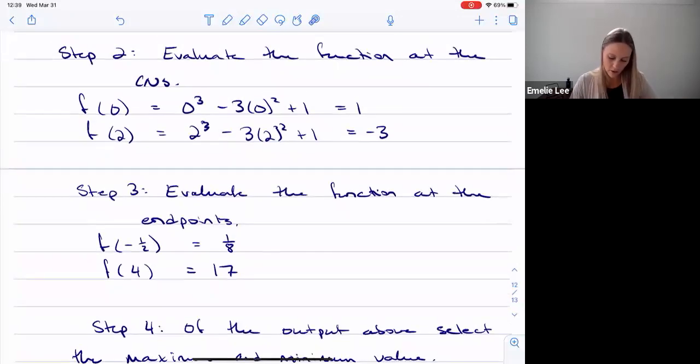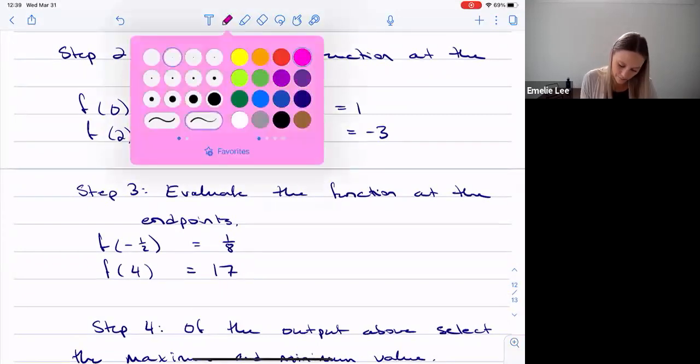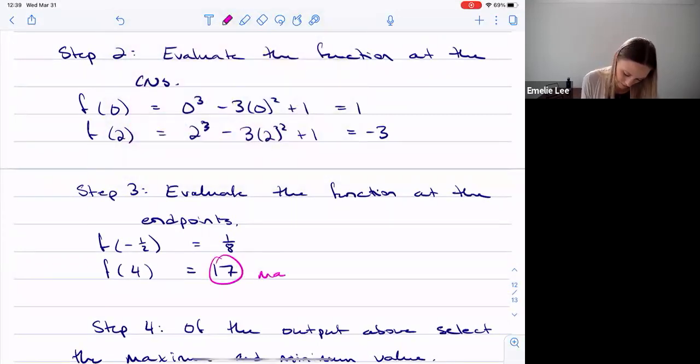So looking at these outputs, 17 is definitely my maximum, and -3 seems to be my minimum.